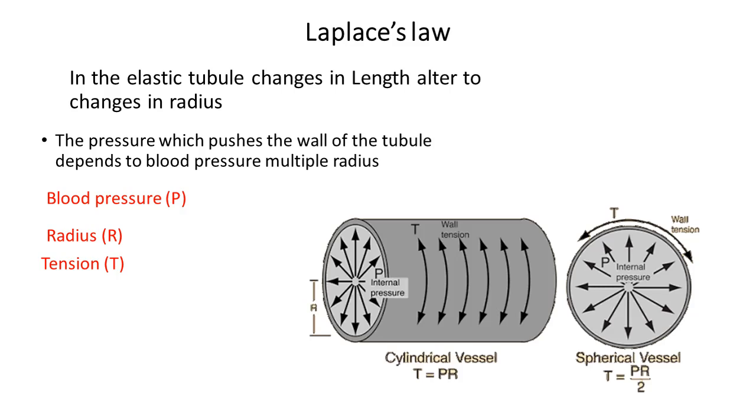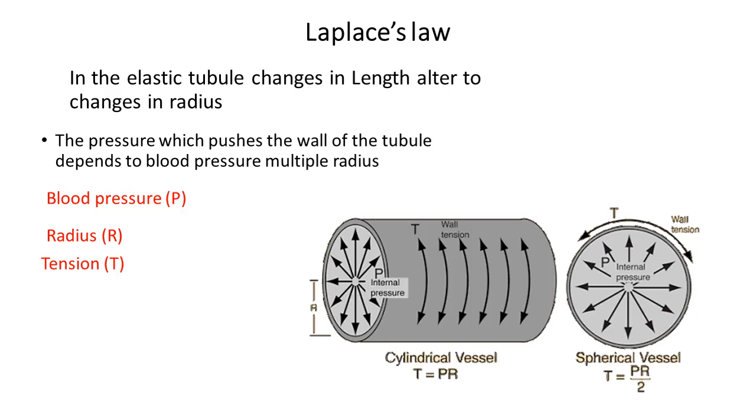So, what's the importance of Laplace law in the circulatory system? Let me show this importance by an example. Imagine the radius of a vessel or a capillary is 1, and the pressure of that capillary is 30 millimeters of mercury. So the tension on the wall of the capillary is 30. So what happens if pressure increases from 30 to 50 millimeters of mercury?